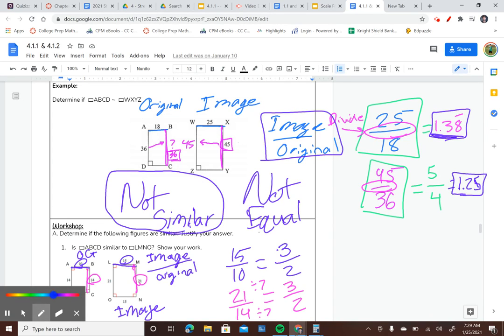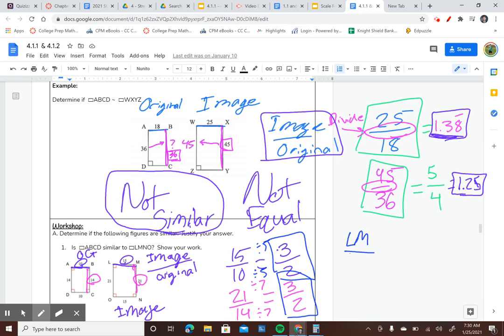Okay, on top we divided both by 5. And this is just to reduce it, okay? So here we have 3 over 2 as a reduced ratio. 3 over 2 is our reduced ratio. And this is for LM over AB. And then below, that was for MN over BC.